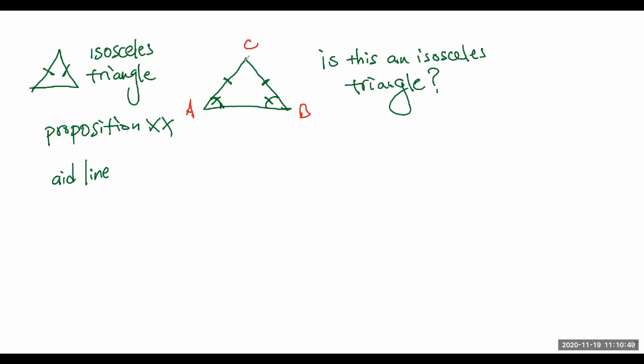We know that we can construct a line to bisect angle C, and this intersects with the base at D.